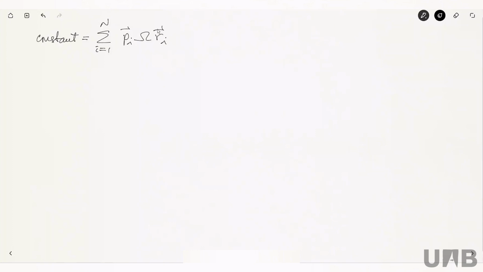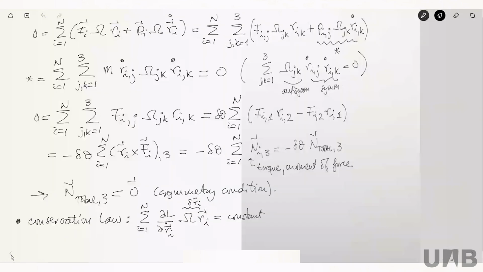All right, so this is the sum from I equals 1 up to capital N of Pi component J, omega Jk, and then Ri component K, and I sum over J and K from 1 up to 3, as before. But I don't have to do this calculation again because I already did it, right? I already did the calculation here.